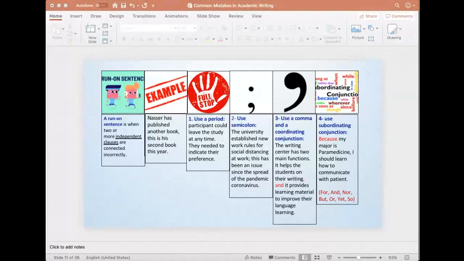And also, a semicolon is another kind of punctuation that we might use in our writing, especially for advanced academic writing. So, the university established new work rules for social distancing at work.